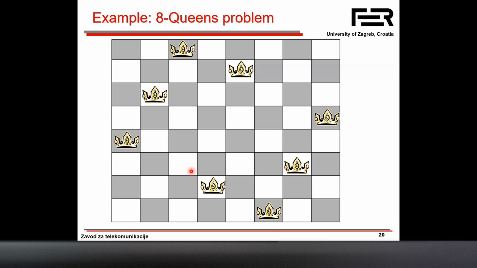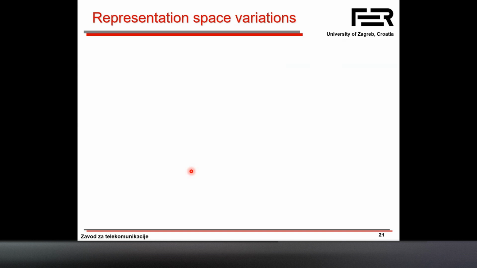Now the question is, we want to design a representation that we can then use to search the solution space and find all possible solutions to this problem. Okay, representation. Let's look at some variations.